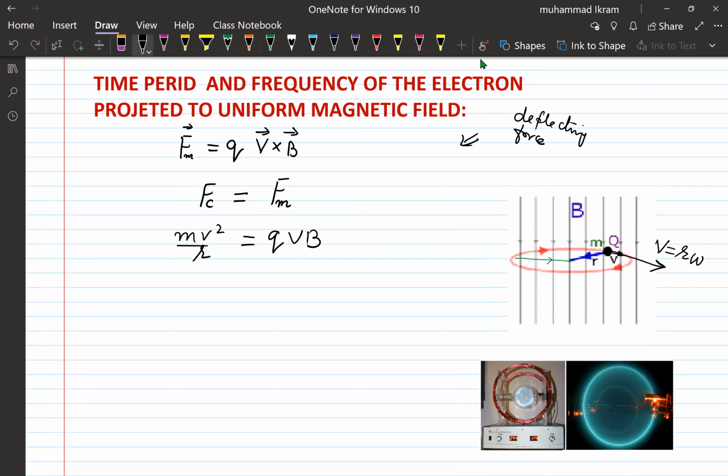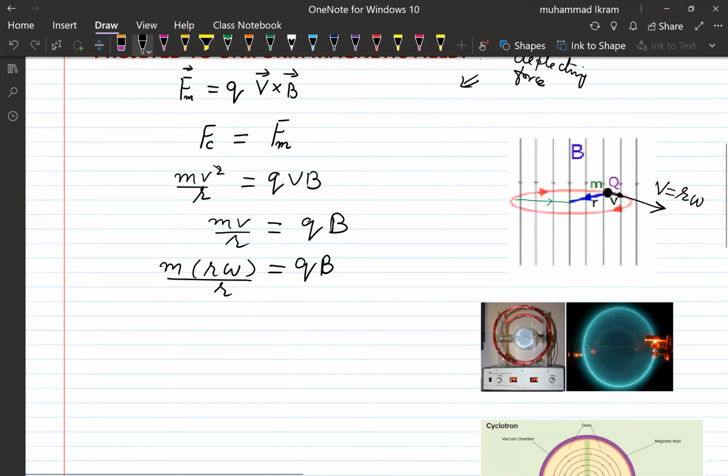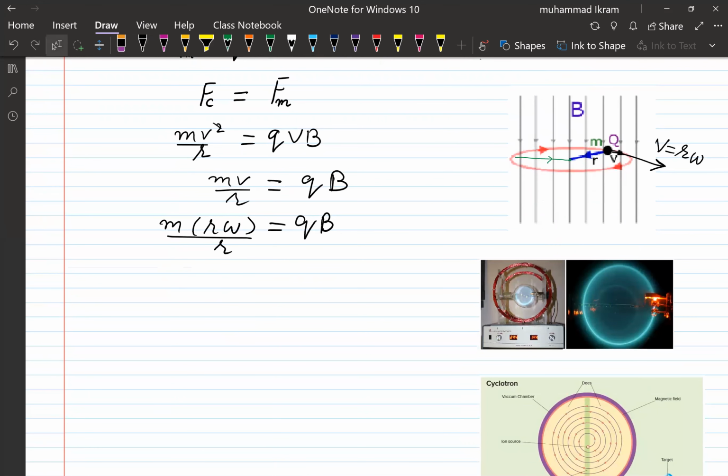So let me simplify this one step further. Then we have mv by r equals q into B. As I told you, this v is equal to r omega, so m into r omega by r equals q into B. Now you see that this omega, we know that omega is equal to what?